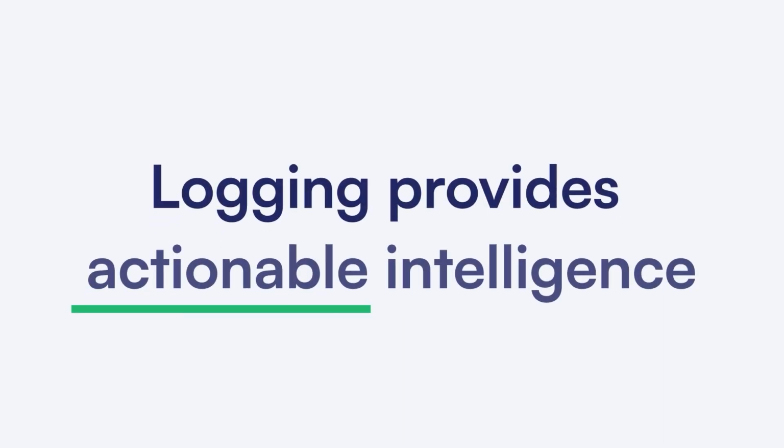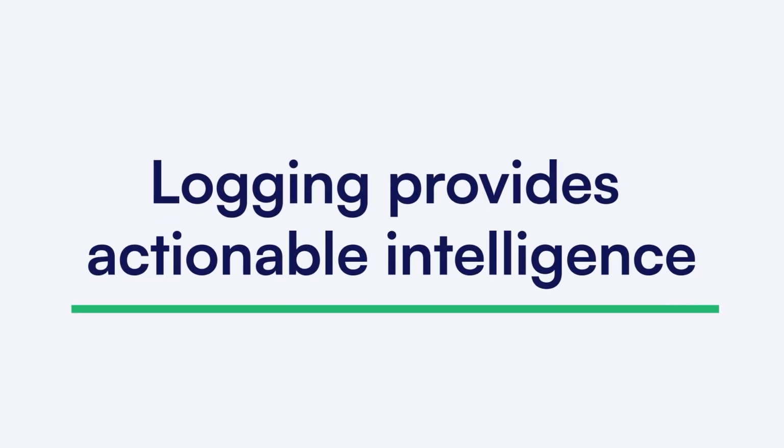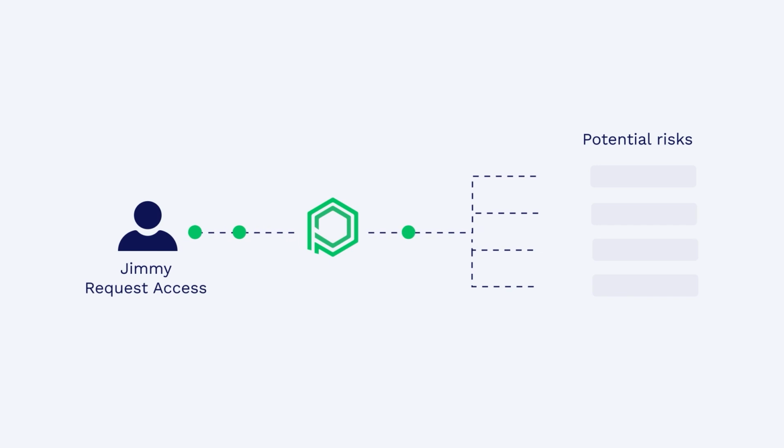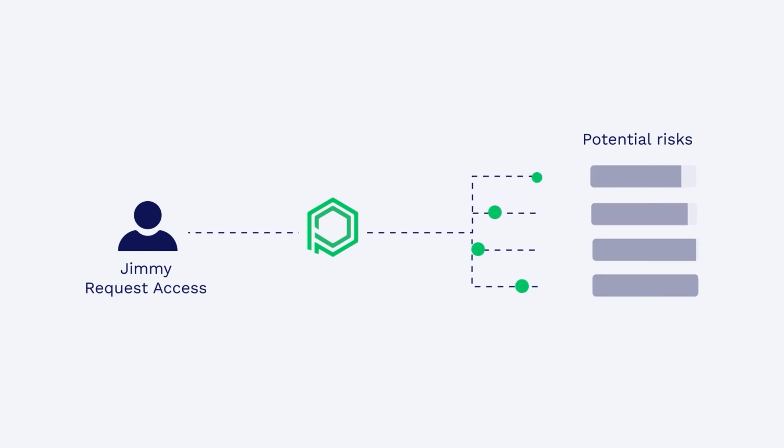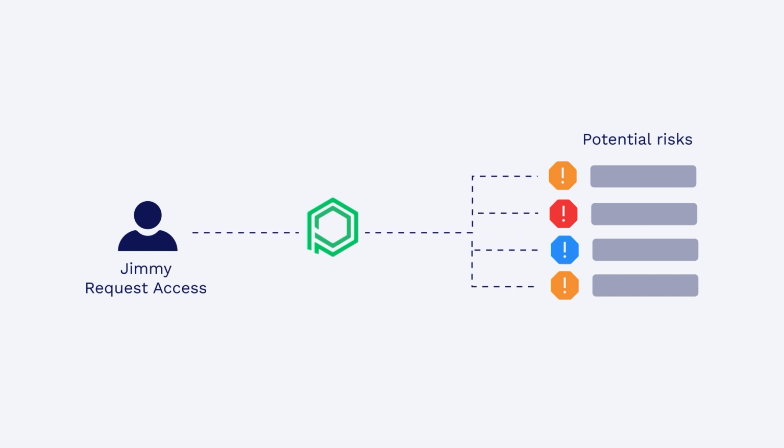So you can specifically see, oh, Jimmy over in HR, for example, utilized benefits, he utilized payroll, he did this. Because having that actionable intelligence through the logging information gives you value within those user access reviews, because now you can make the choice intelligently based upon whether Jimmy should have that access or not, based upon the usage of those particular authorizations that he was given in the first place.